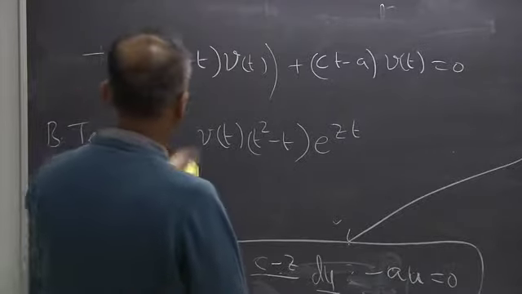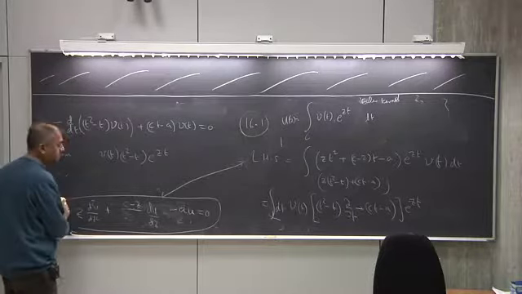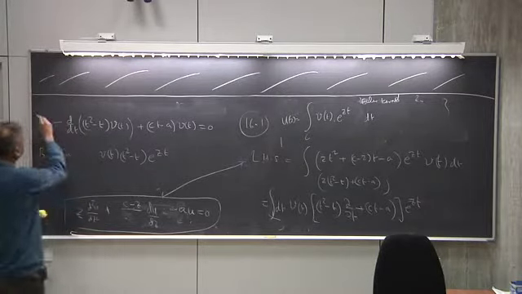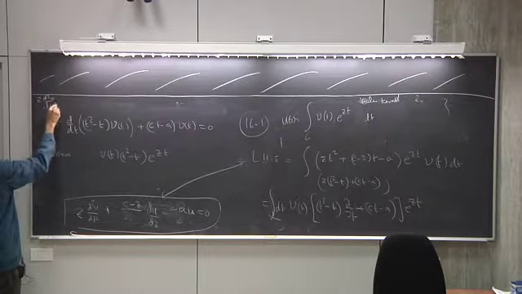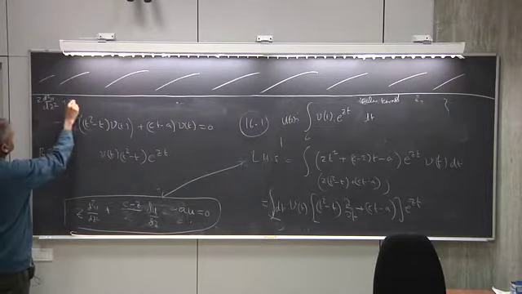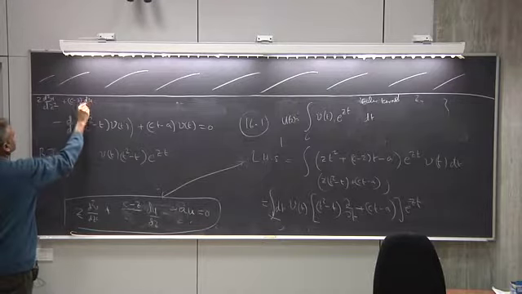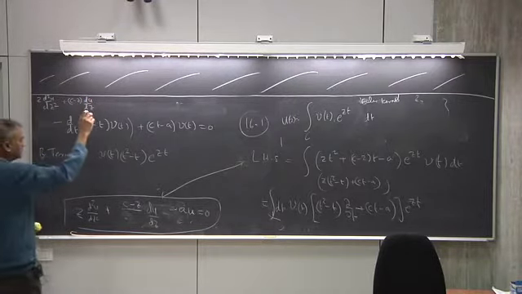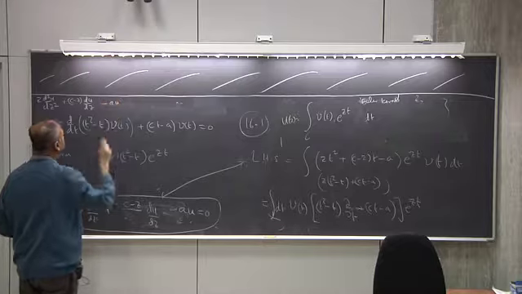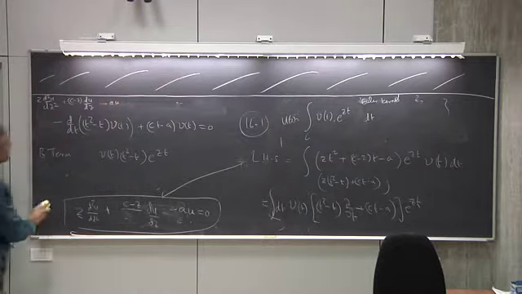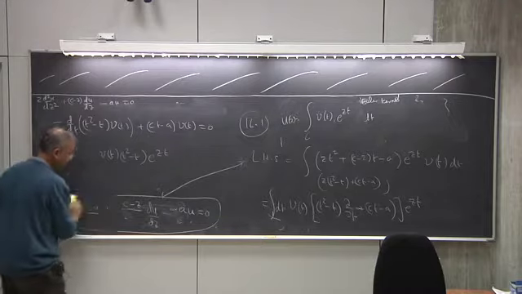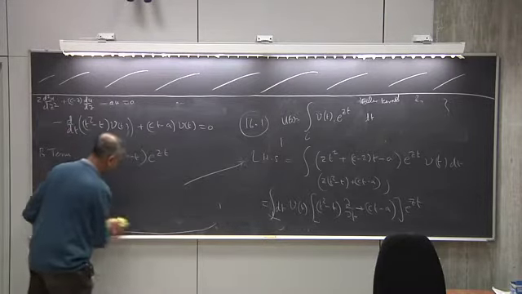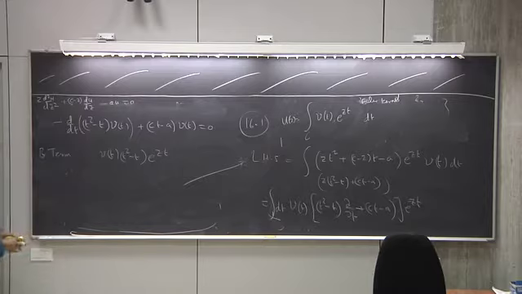So okay, what is this? Again, I do the same. The equation is (t squared minus t) dv by dt plus... A solution of that equation is simple.